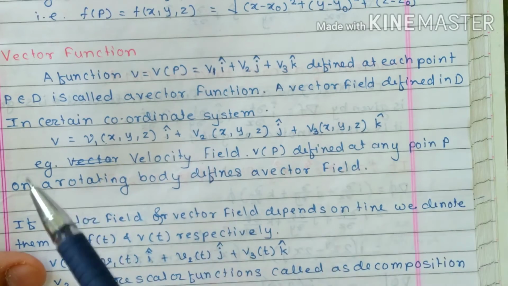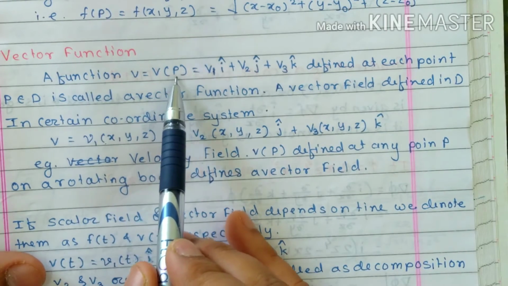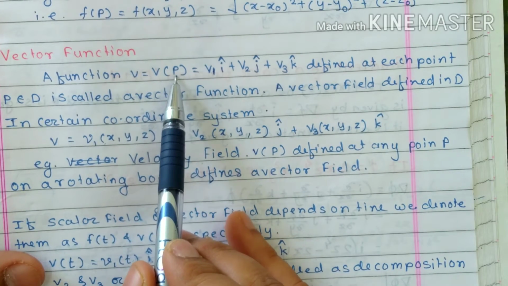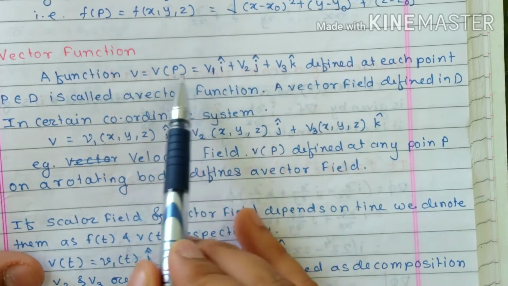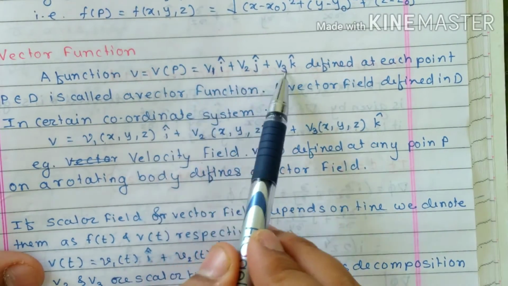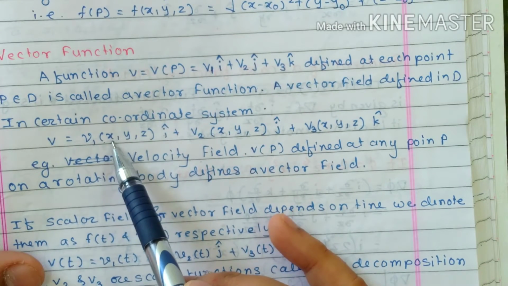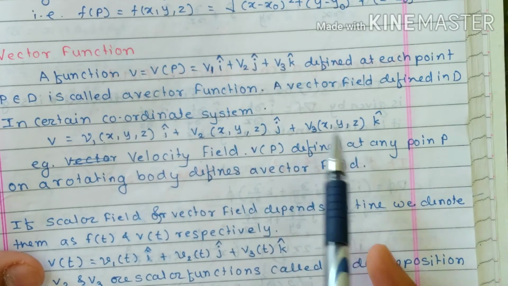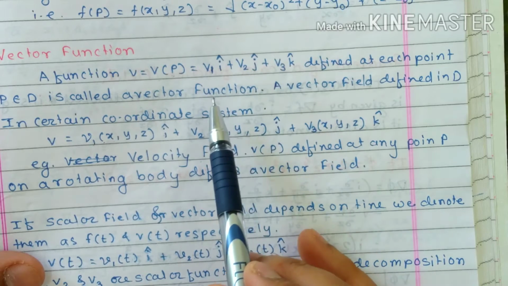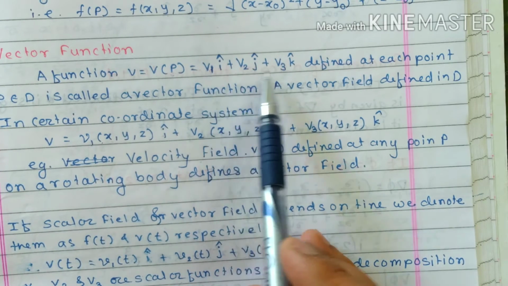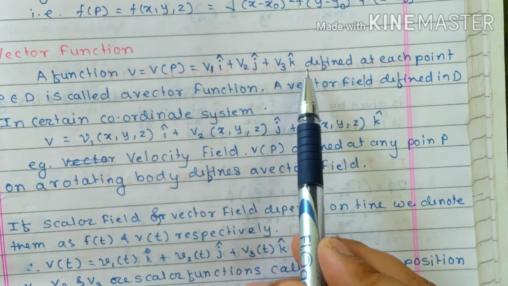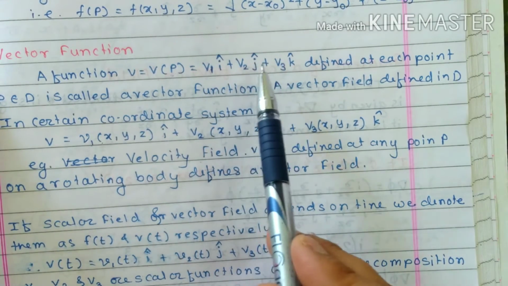Just have a look here. The vector function v is operated on the point P. So v1, v2, v3 are the components of this vector function, where v1, v2, v3 are nothing but functions depending on x, y, z. So v1, v2, v3 are separately scalar functions. But when we combine them as v1 i cap, v2 j cap, v3 k cap, then it becomes a vector function.